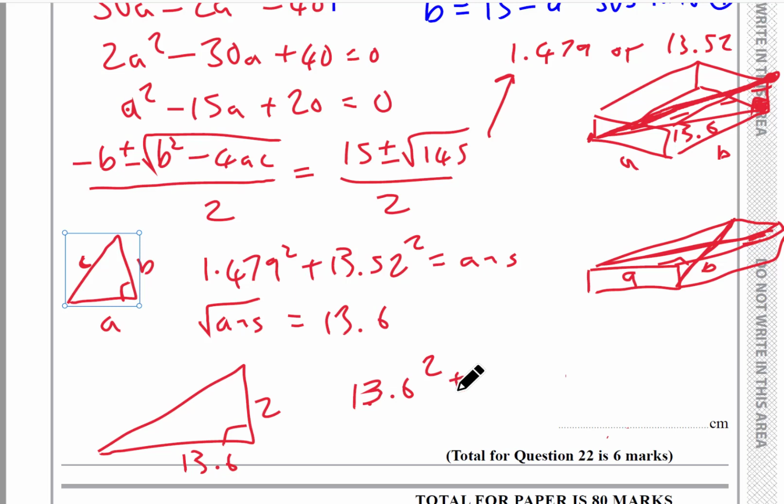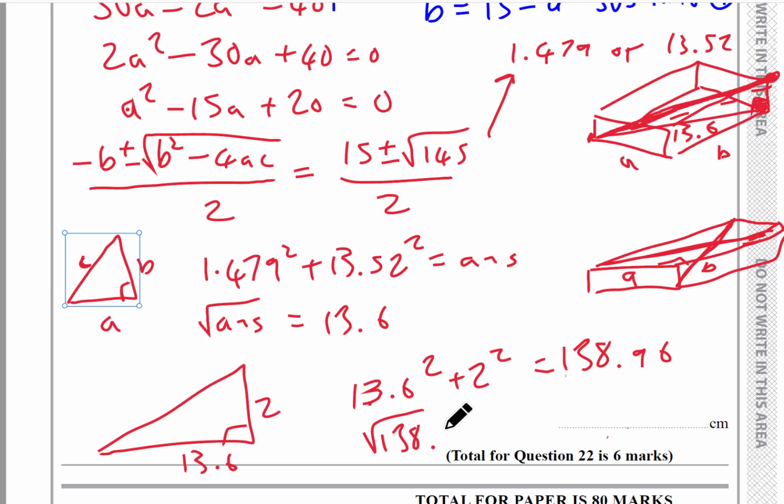So then we just do 13.6 squared plus 2 squared equals 138.96, and then we should just square root that answer.